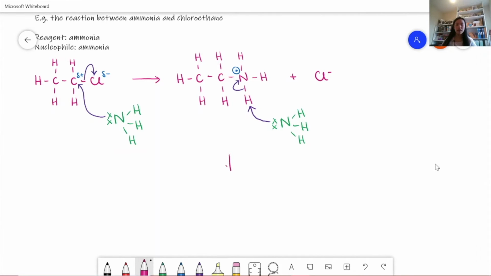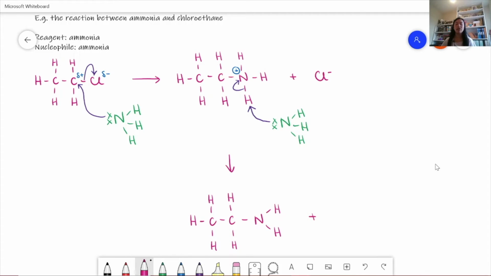So what we get is CH3CH2NH2. And then the ammonia that's just come in, this second nucleophile, has bonded with the hydrogen which has left the intermediate that we had.